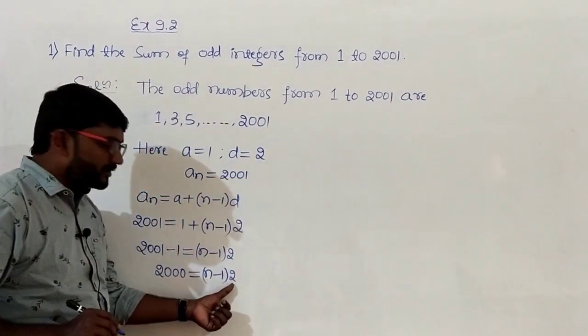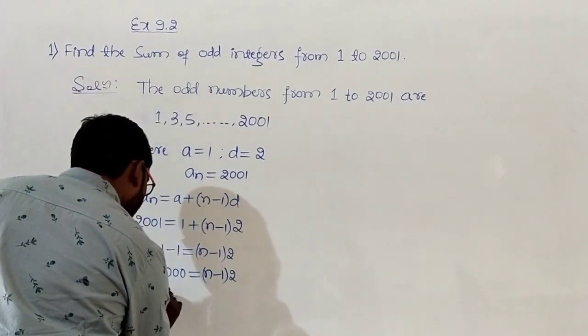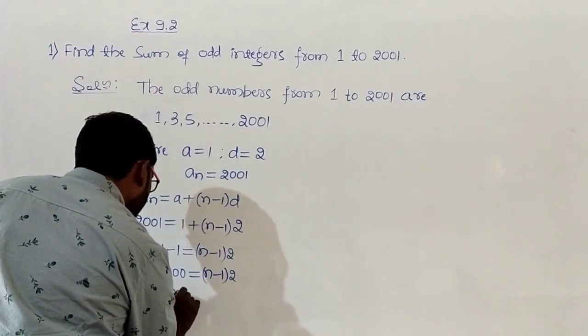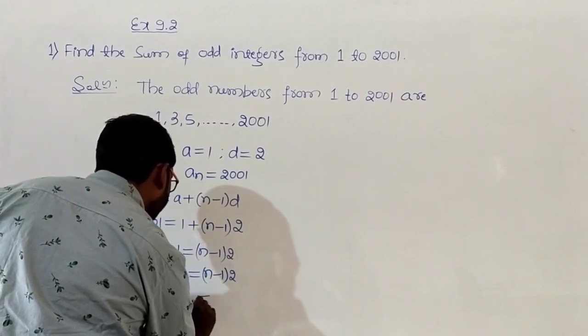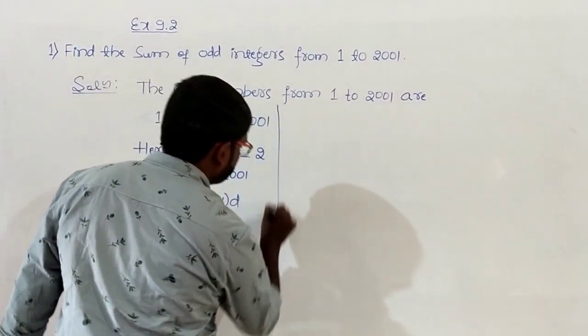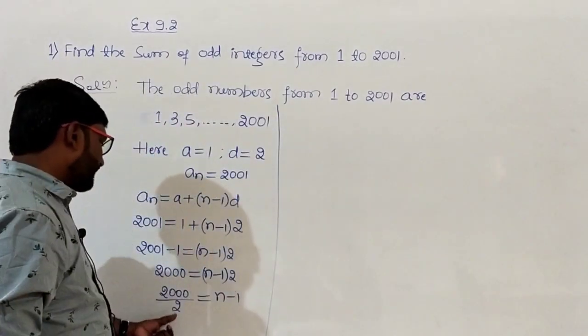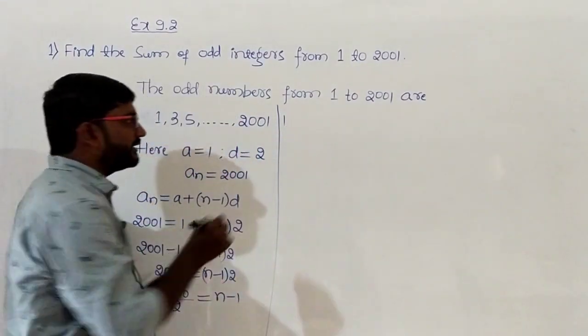Now take 2 to the LHS, it goes to the denominator. So overall we get 2000 divided by 2, which equals n minus 1. 2000 divided by 2 gives us 1000.